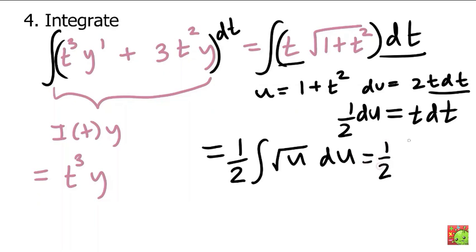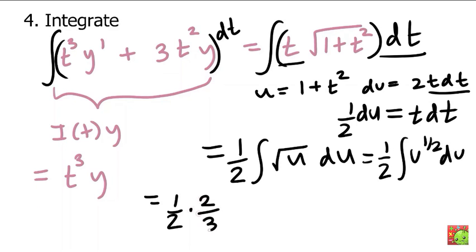This equals one half the integral of u to the one half du, and we raise that exponent by 1 to integrate, and then divide by that number. Raising one half by 1, we get three halves, and dividing by three halves means multiplying by two thirds, so we get u to the three halves plus c.